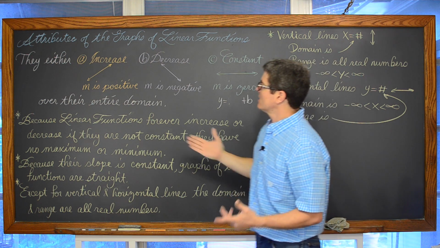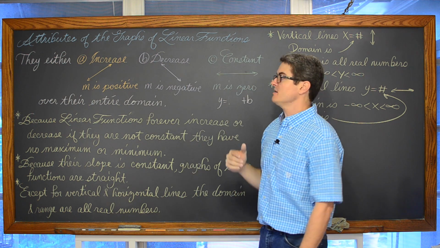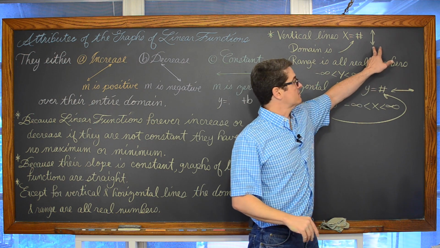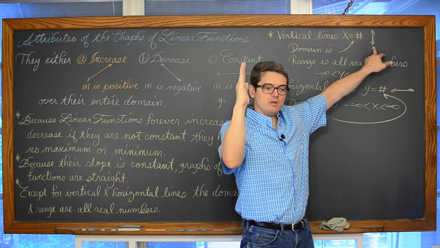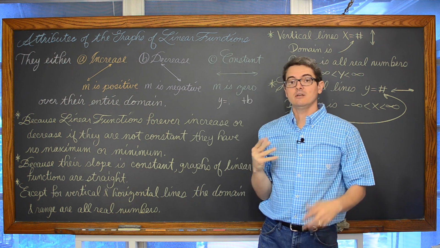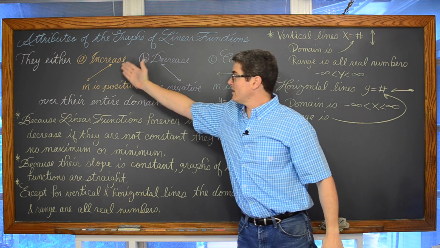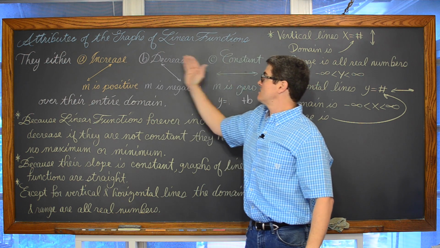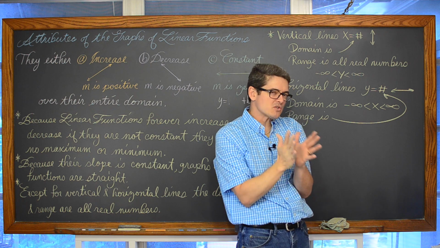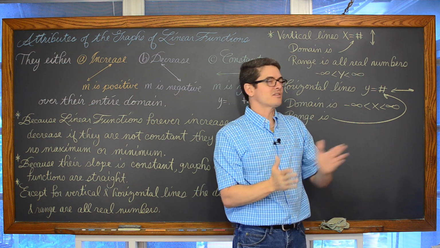And so I mentioned that lines can be increasing, decreasing, or constant. Well, a line can be vertical, but then it's not a function. It's a relation. So yes, lines can either increase, decrease, or be constant, and they can increase or decrease also in a special case so drastically that the slope is undefined.